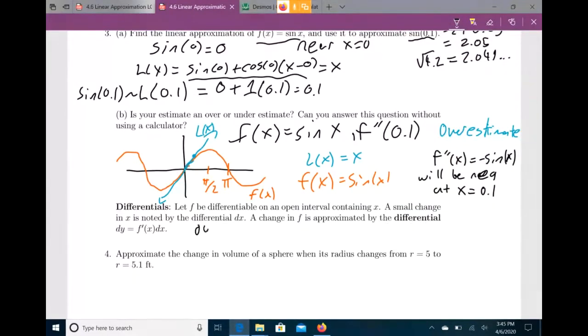Okay, so the idea is that we're basically just rewriting some basic notions of derivatives. So we've had before, we say dy over dx is another way of writing the derivative. So we can estimate the change in y by solving for dy.